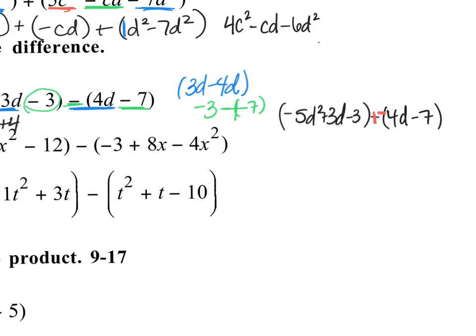So we're going to add a -4, and we're subtracting a -7 means adding a positive 7. Then we'll combine up the like terms. So we have -5d squared again. 3d plus -4d is minus d, and -3 plus 7 is plus 4. So we get the same thing, but we have to make sure that changes both of the signs inside the parentheses, or all of them inside those parentheses.